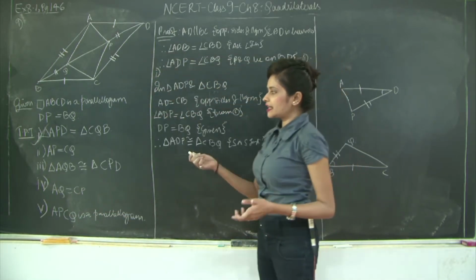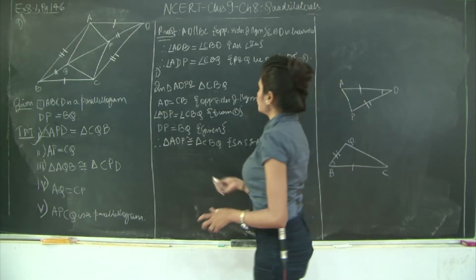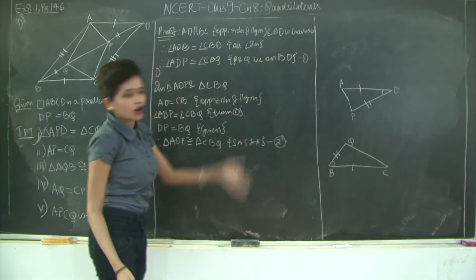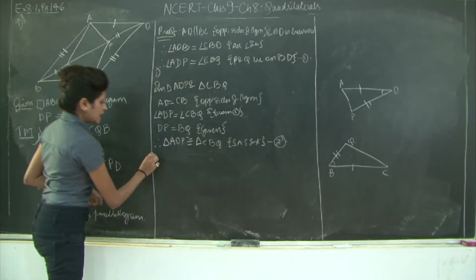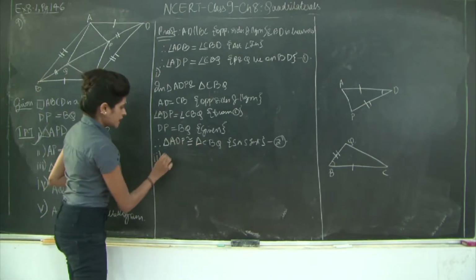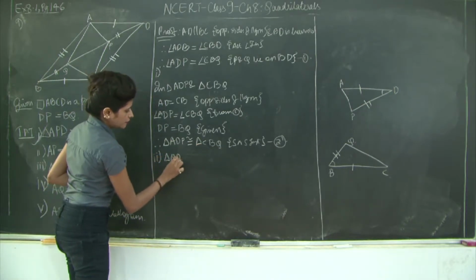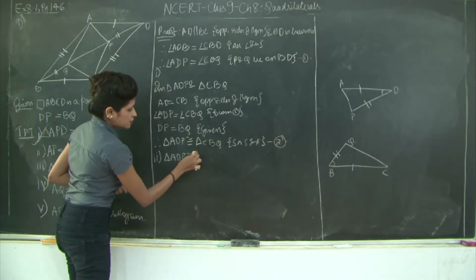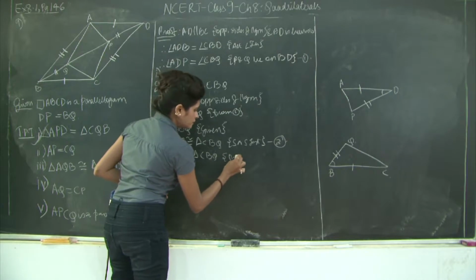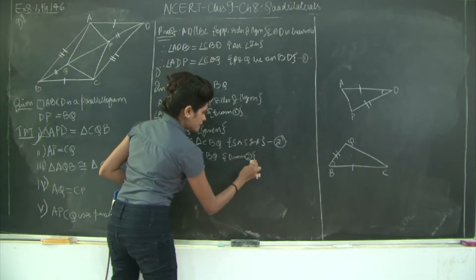Now we need to prove that AP is equal to CQ. If you notice, AP and CQ are lying in the same two congruent triangles. So for the second part, I am going to take reference of this equation. I will say triangle ADP is congruent to triangle CBQ, from 2.